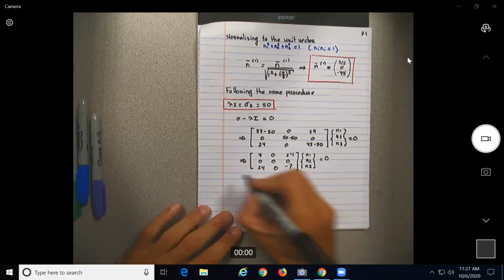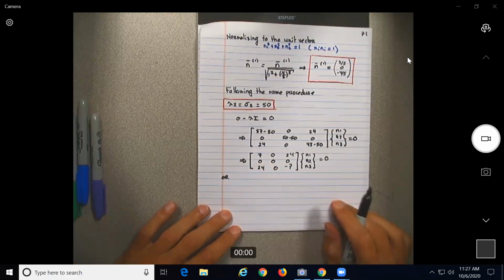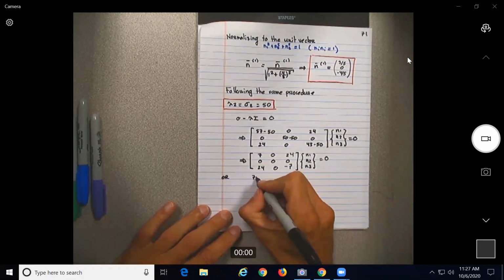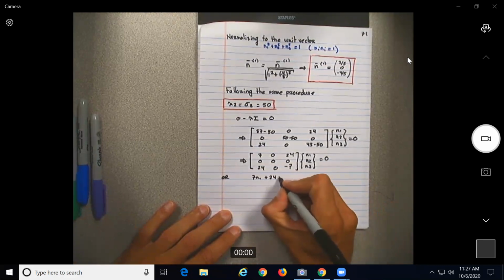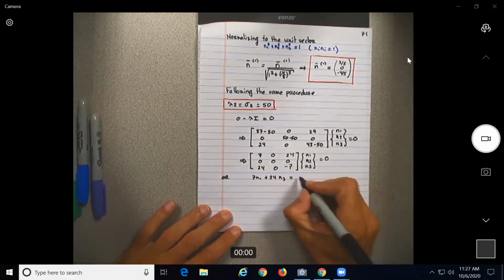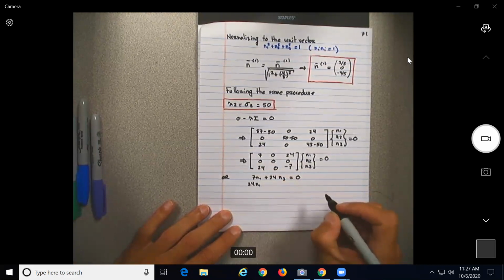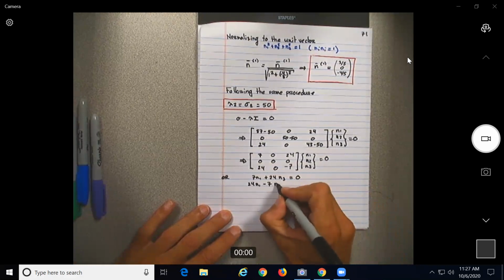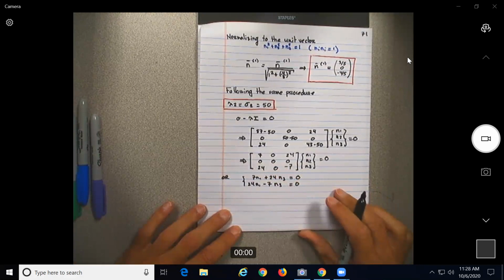Or we can write this as a system of equations: 7 n1 plus 24 n3 equal to 0, and 24 n1 minus 7 n3 equal to 0.